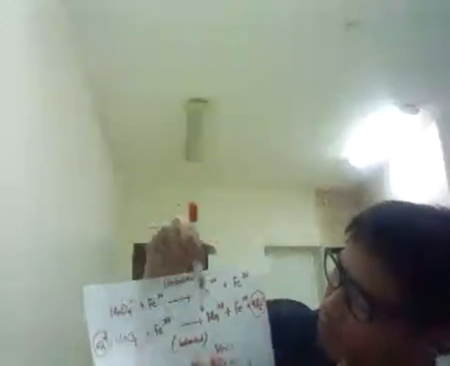Again, this is the power of on-the-spot live streaming. This is the unbalanced equation. And then MnO4 negative plus H plus, we have 4 H2O. So we need to add H plus. Sorry. If you really know the concept, then you will wonder, oh my gosh, this is really wrong.